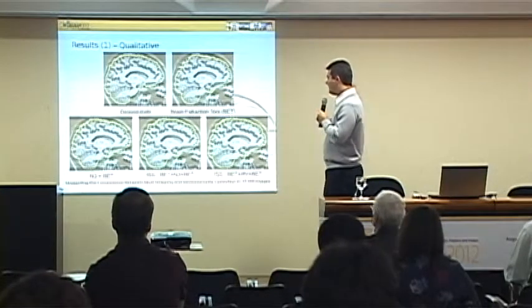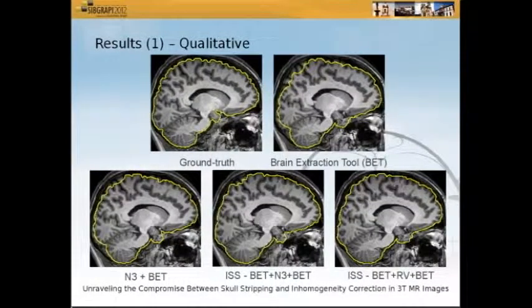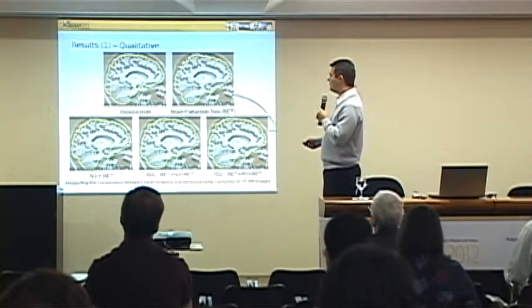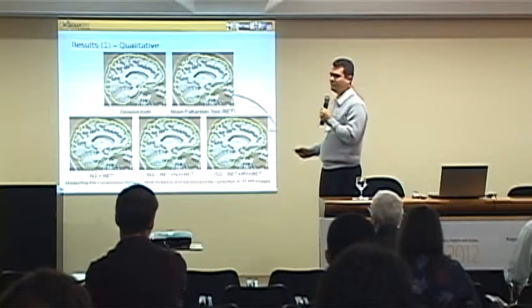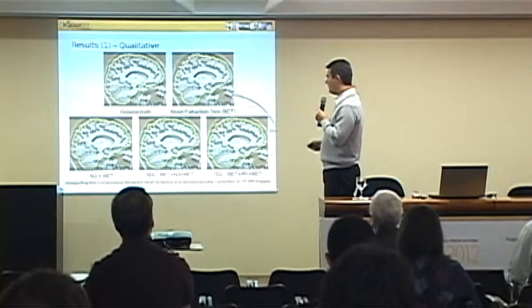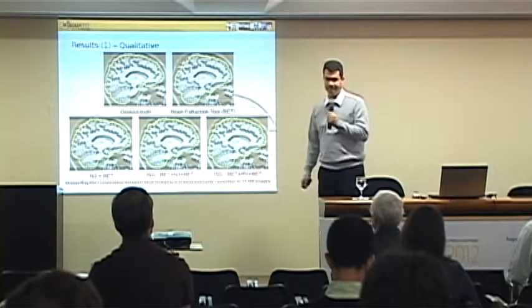And what we did, we worked with just one skull stripping method in our paper and 2 inhomogeneity correction methods. Here we show the ground truth of this mask, the perfect manual segmentation by a specialist. And here are 4 results from different approaches.